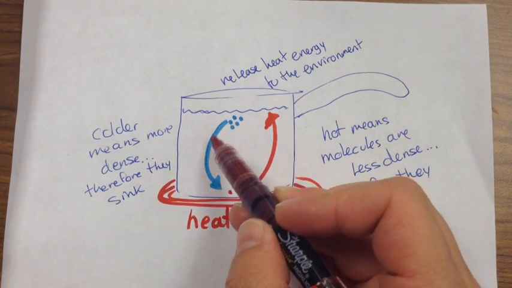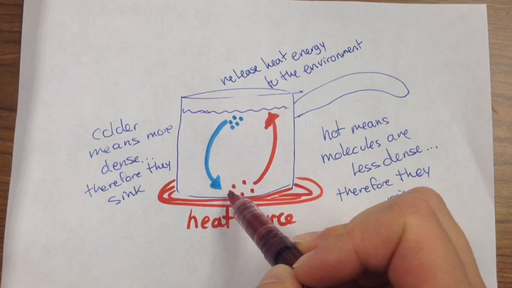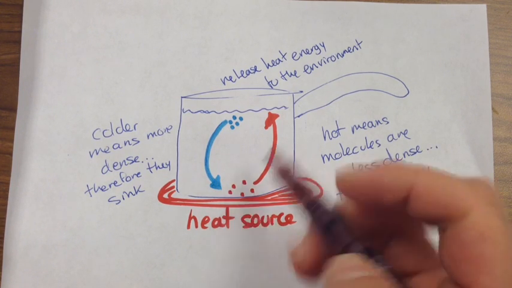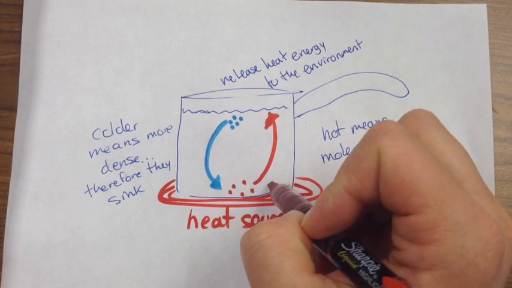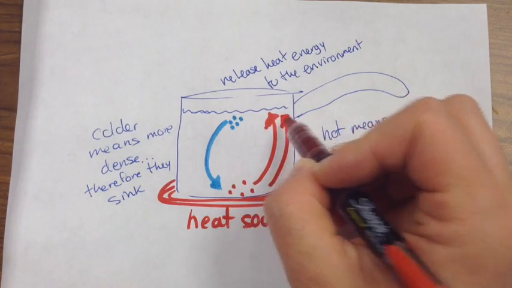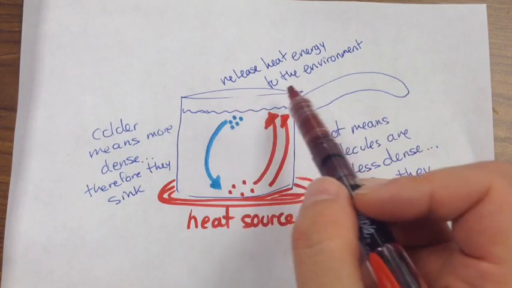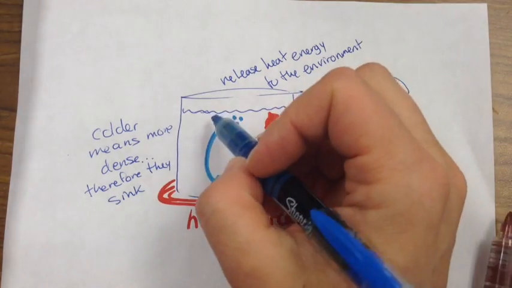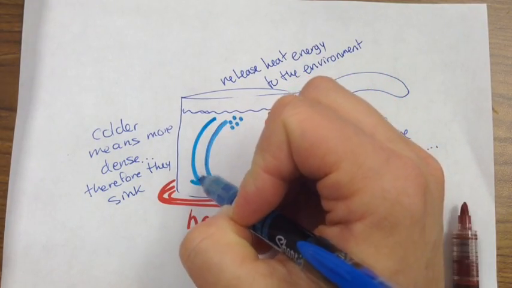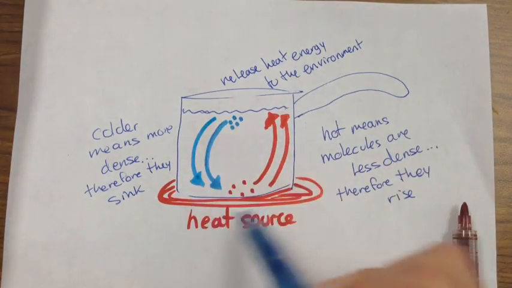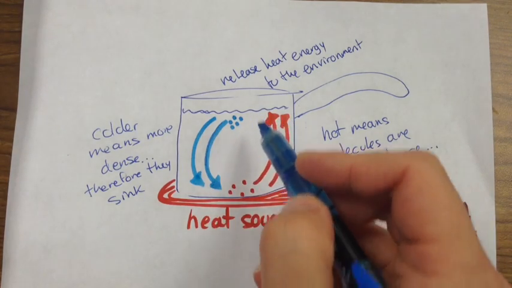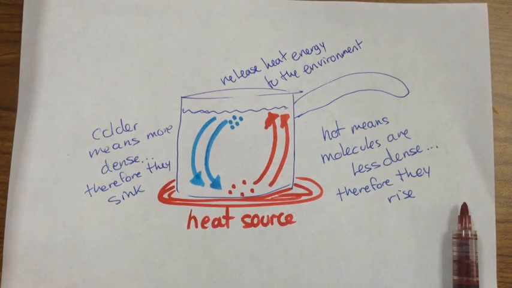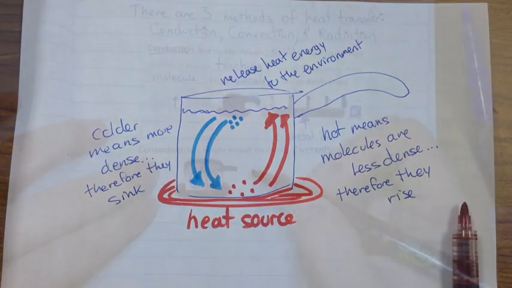Those colder molecules have now returned to the heat source where they heat up again and become less dense, therefore they rise. Go to the surface where they release heat energy to the environment, decrease their temperature, become more dense, and therefore they sink. And you end up with this circular motion of the hot fluids rising and the cold fluids sinking, and that is convection.